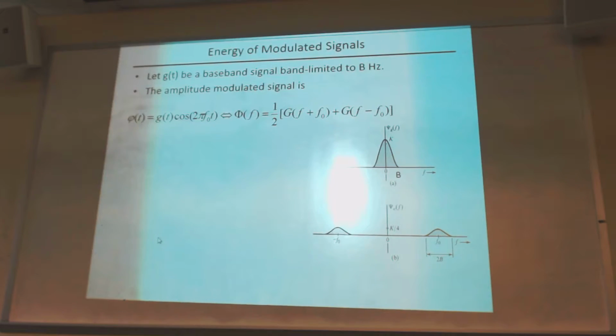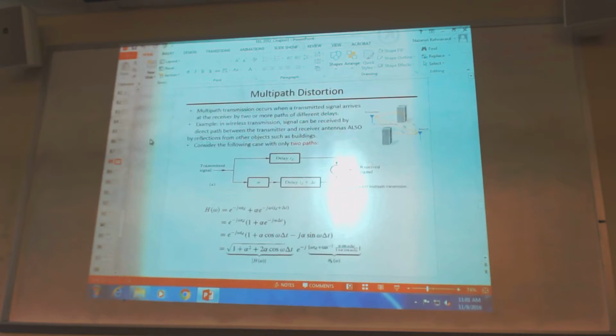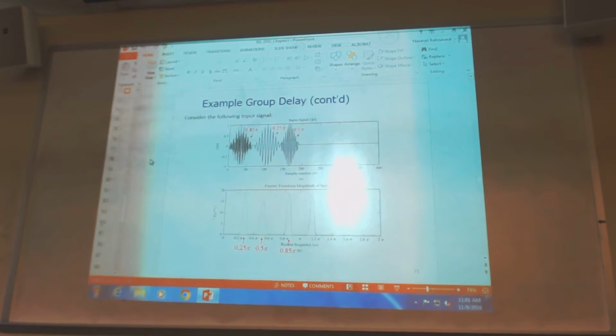Okay. So now, let's look at the AM modulation that we had and see what happens to the energy of the signal after modulation. So as I recall, what was AM modulation or amplitude modulation? I had my signal and I just multiplied by a cosine.